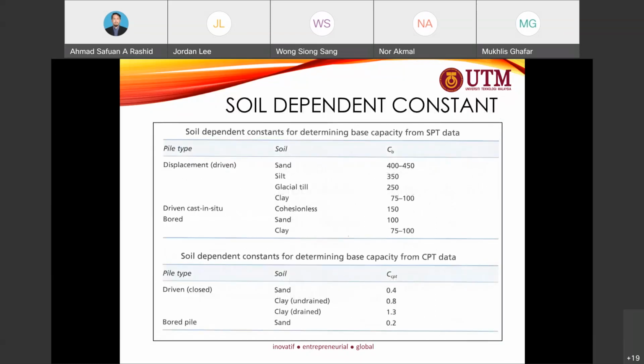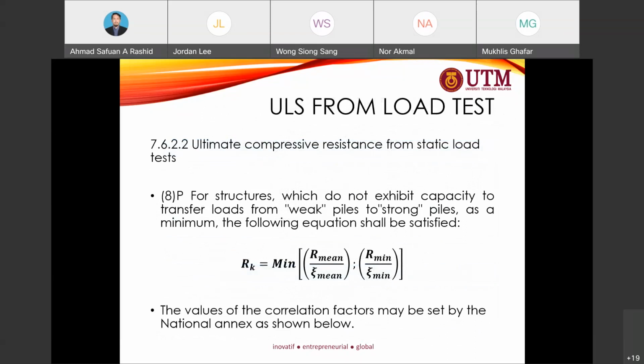Then we have here from the load test. If we have a series of load tests, we can get the Rk value, the ultimate compressive resistance from the static load test.